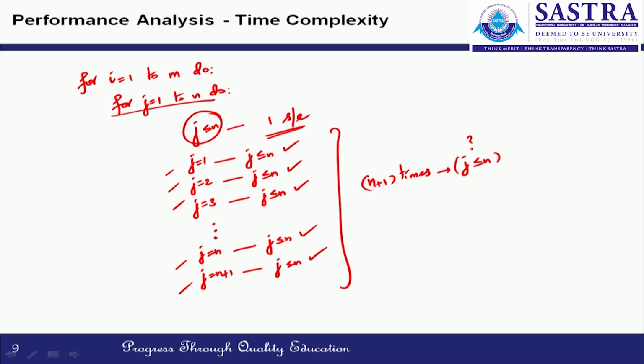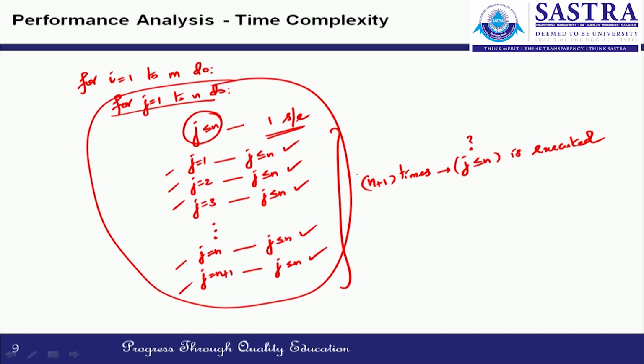This conditional test is executed n plus 1 times. Clearly, this inner for loop, for j is equal to 1 to n do, takes n plus 1 times execution of the condition j less than or equal to n.